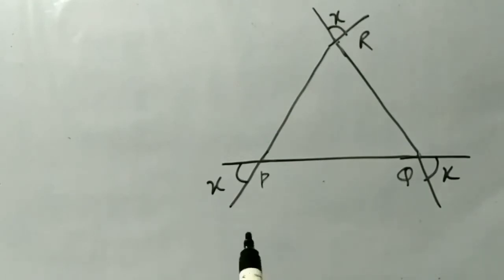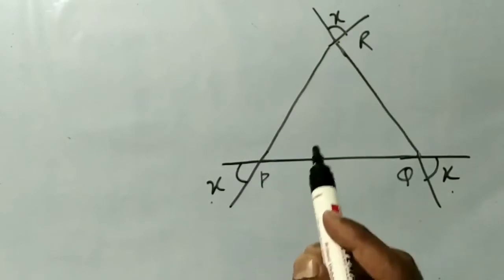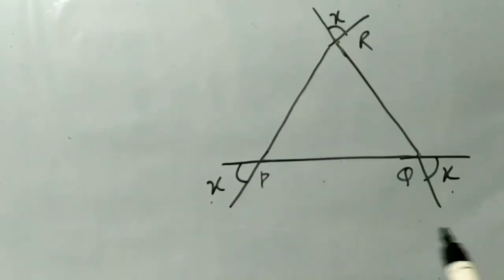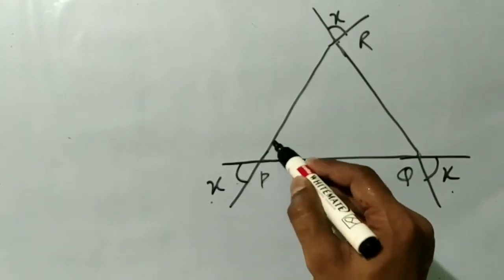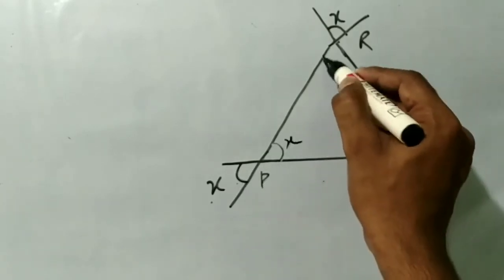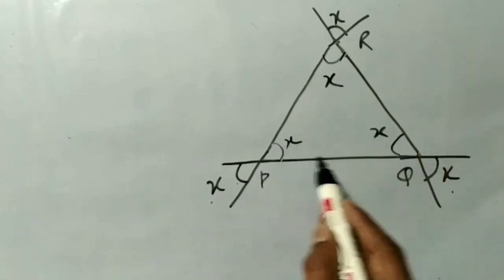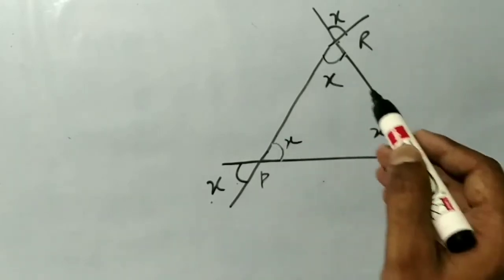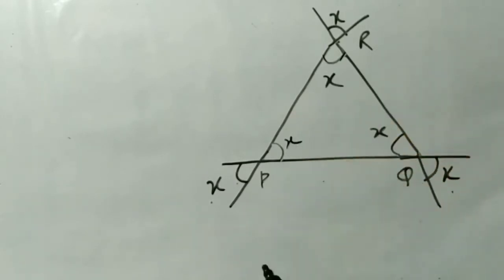Observe clearly, here x and there also x. So the angles are equal, because vertically opposite angles are equal. Here also x, and here also x. So if the interior angles are equal, then the sides are also equal. When the sides are equal, it is an equilateral triangle.